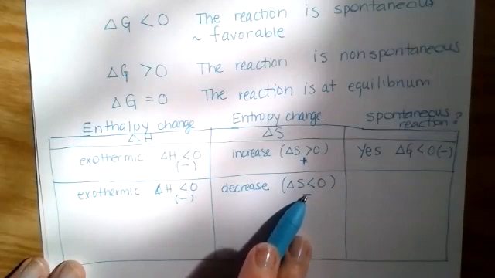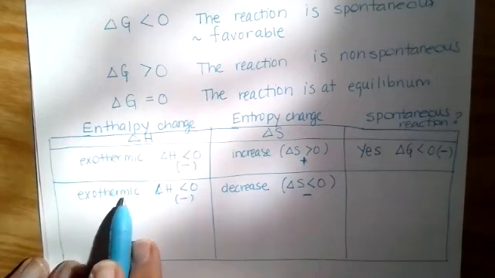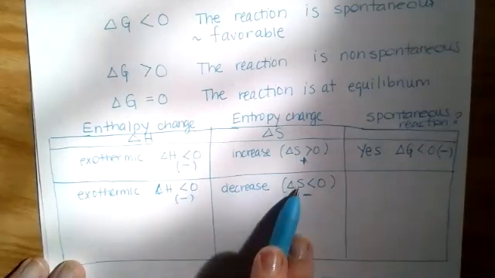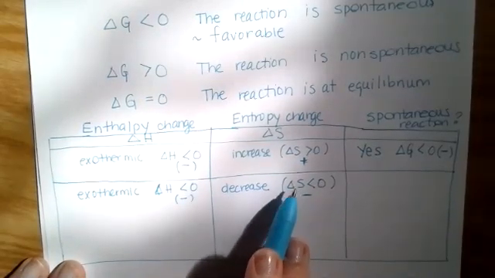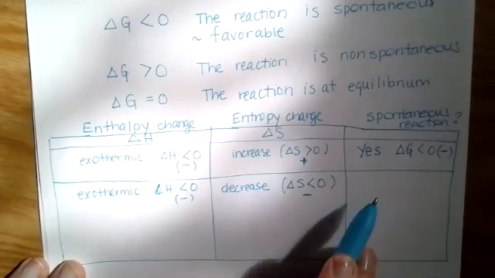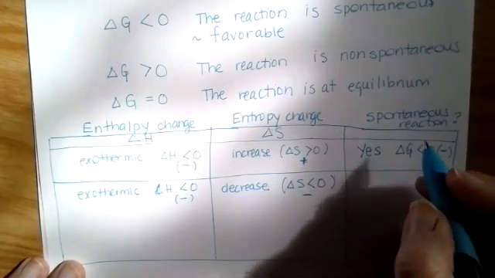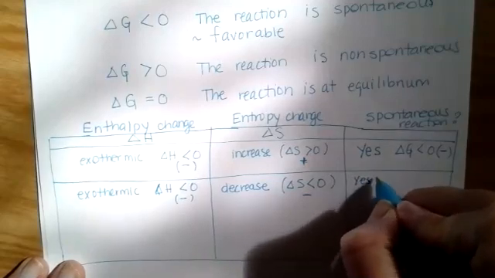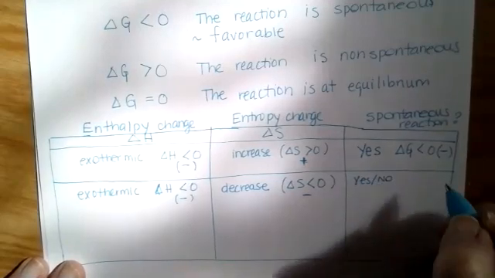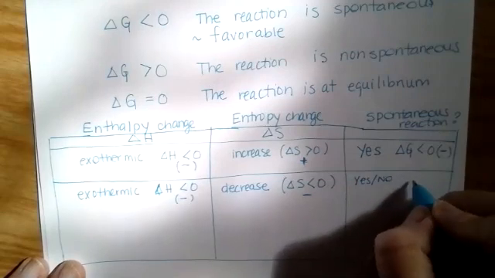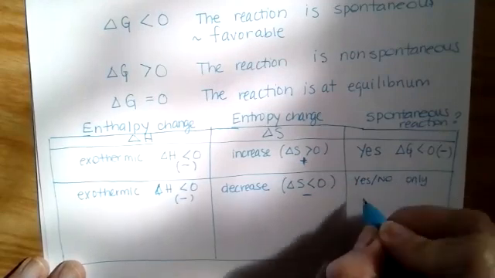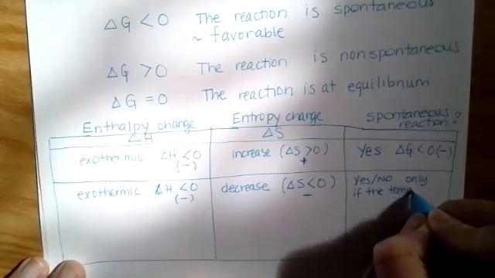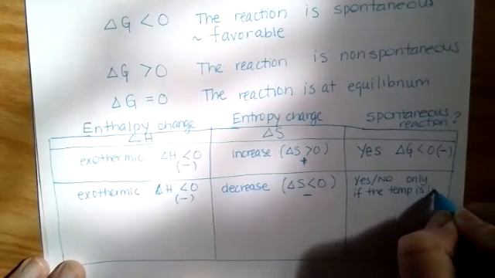Well, it could still occur. This exothermic reaction makes it quite favorable of giving off energy. However, this is not a favorable situation, but the reaction can occur. So say yes and no, right? Yes and no. It really is depending on the temperature. Only if the temperature is low enough.